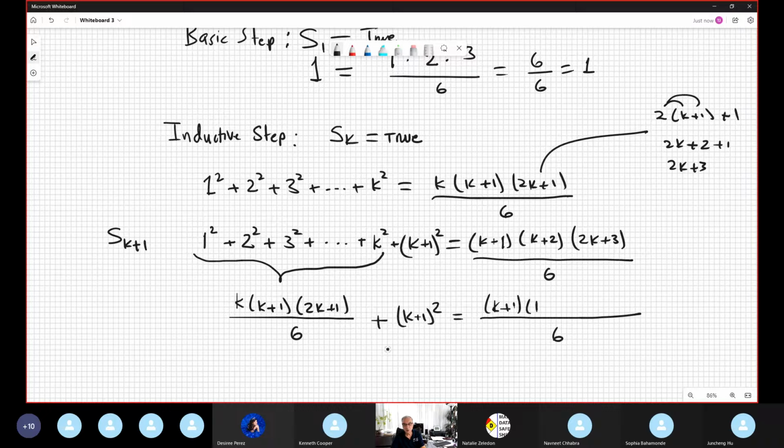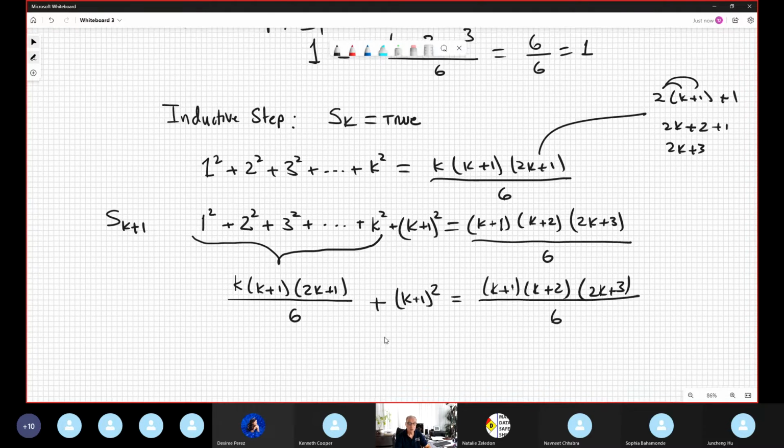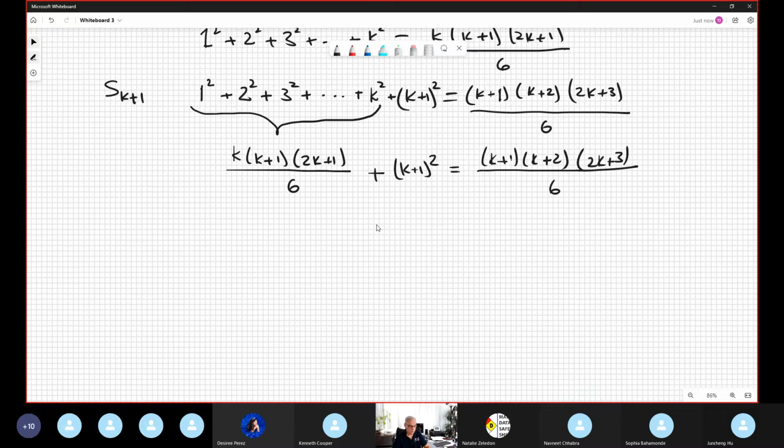There are no rules. Use algebra, FOIL, the distributive property, the least common denominator, or something else. In my paper, I ended that way. Let me show you. I condensed this and this into one common denominator, which is 6.